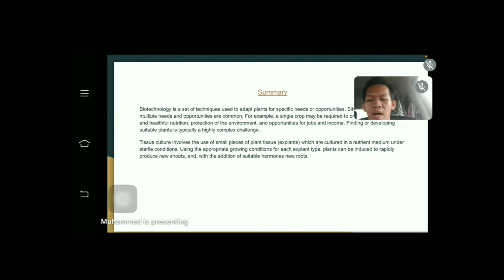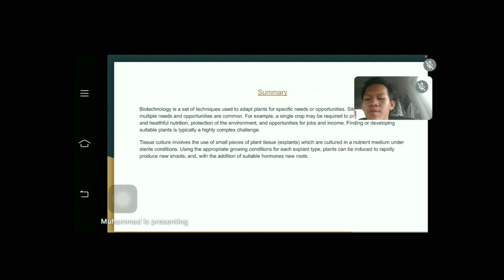For example, a single crop may be required to provide sustainable food and healthful nutrients, protection of the environment, and opportunities for jobs and income.